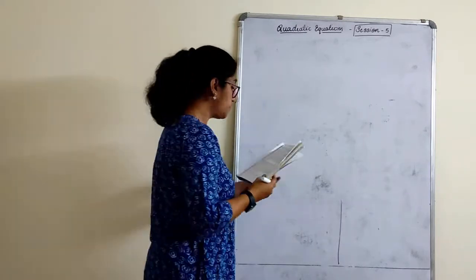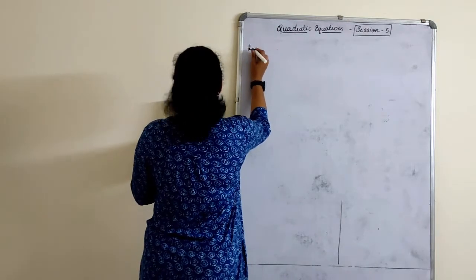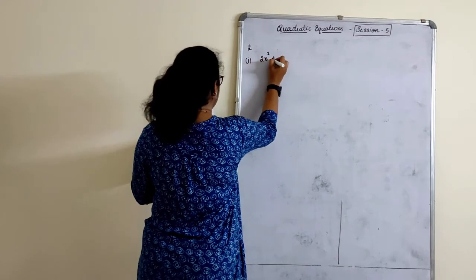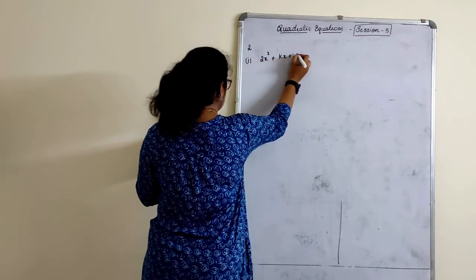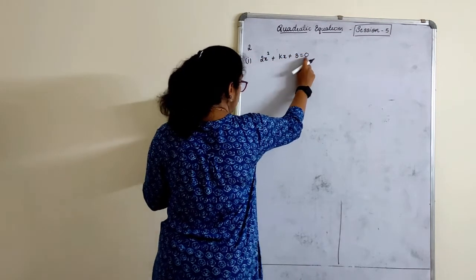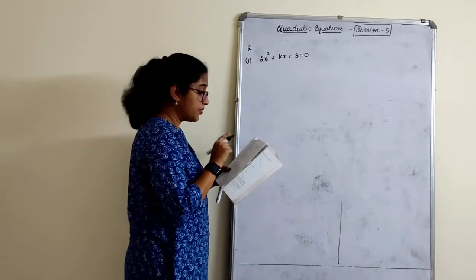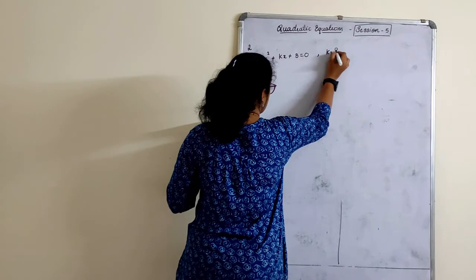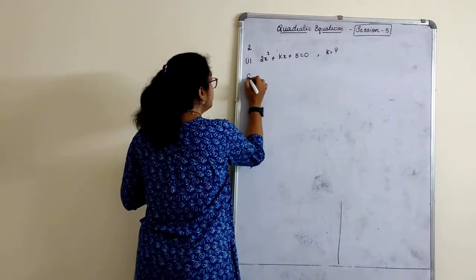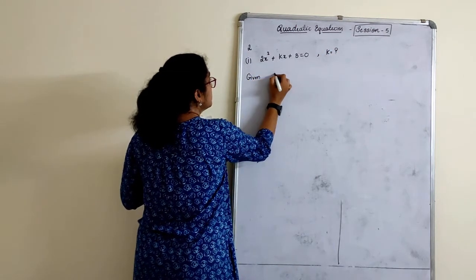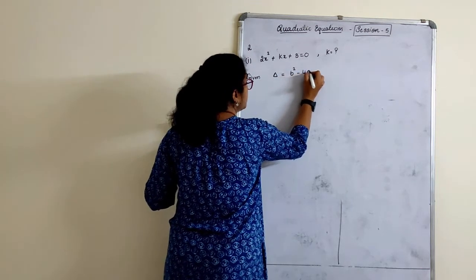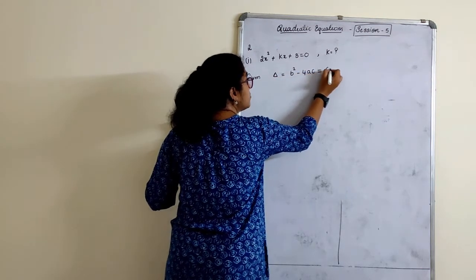Remember this. Second one, first one: 2x square plus kx plus 3 is equal to 0. Find the values of k. Given delta is equal to b square minus 4ac is equal to 0.